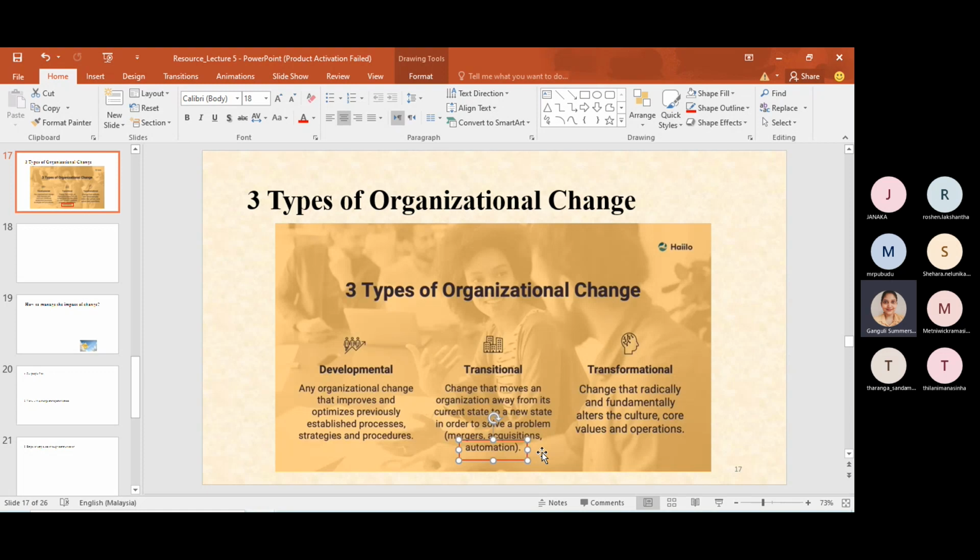So now the environment of the organization is being changed, and this change can make the people nervous, because now they are experiencing something new. They can be a bit anxious because they don't know how to handle these machines or the equipment.